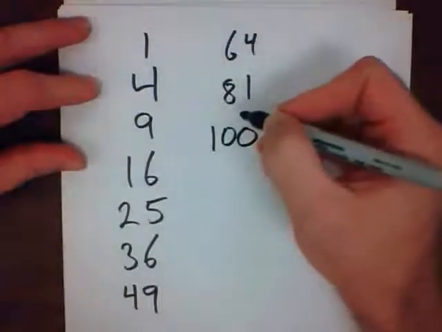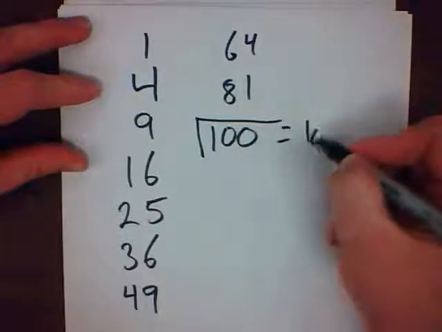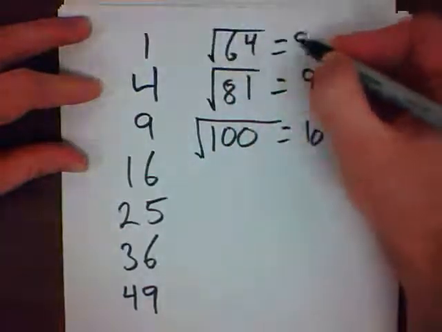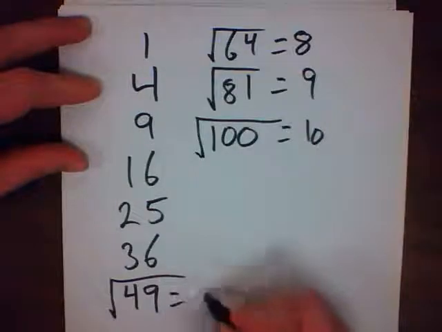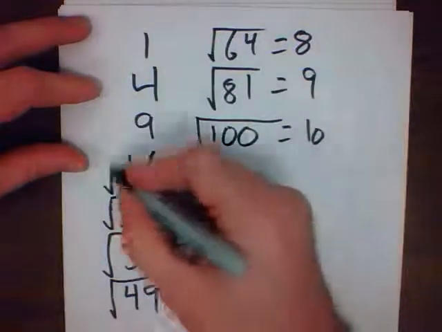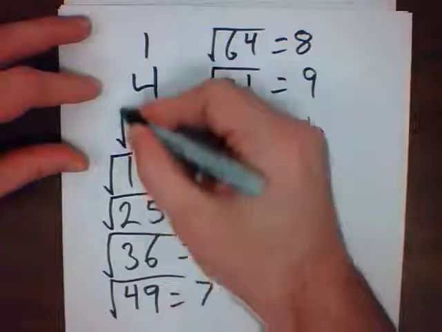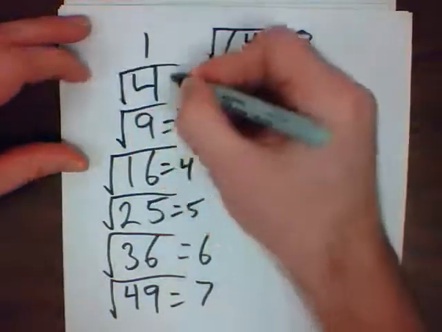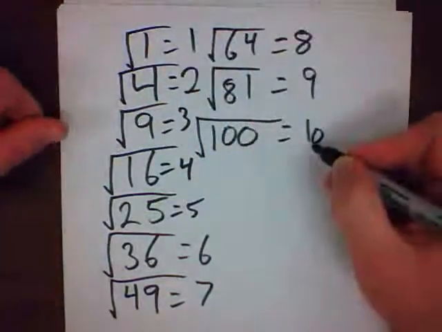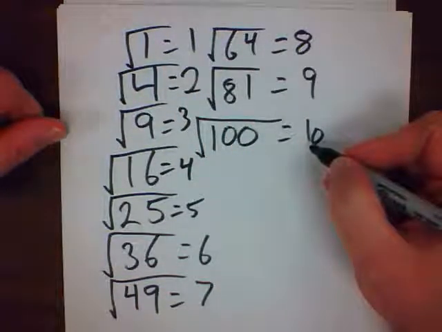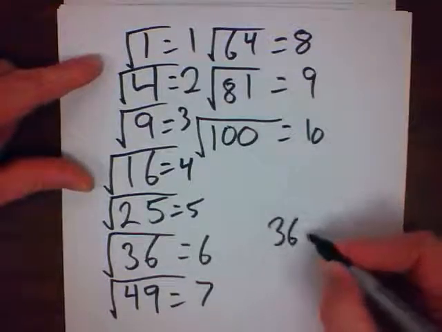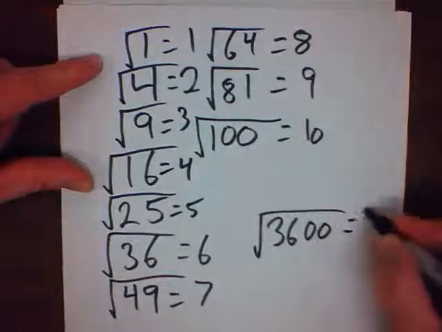Each of these are fairly easy to do the square root of. And in my classroom, we actually memorize all of these and many more because we use the Spirit of Math drills, which have us memorizing square roots all the way up to 60 squared, or the square root of 3,600.